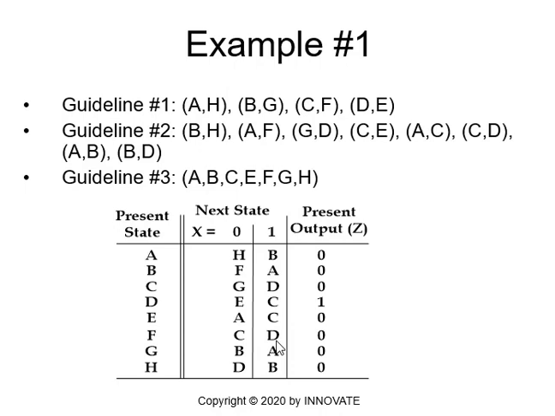Then I have D and E because both of them have the next state C when x is 1. By this, guideline number 1 gives me AH, BG, CF, and DE. Those really need to be fulfilled first. We have to find adjacency between A and H, B and G, C and F, and D and E.